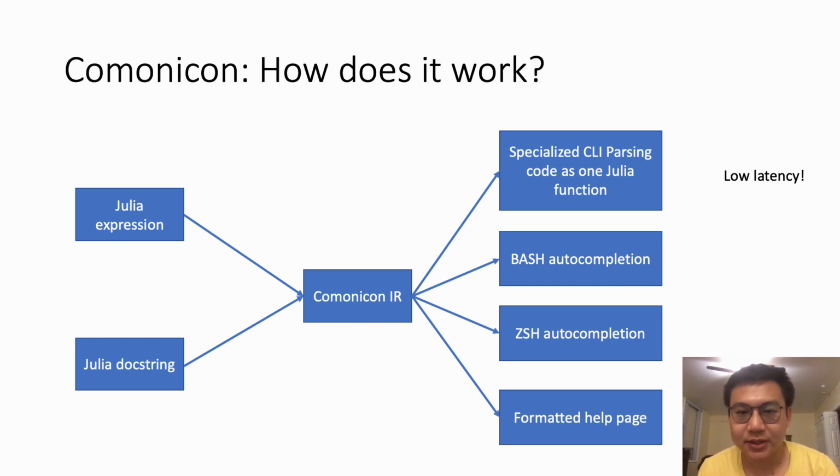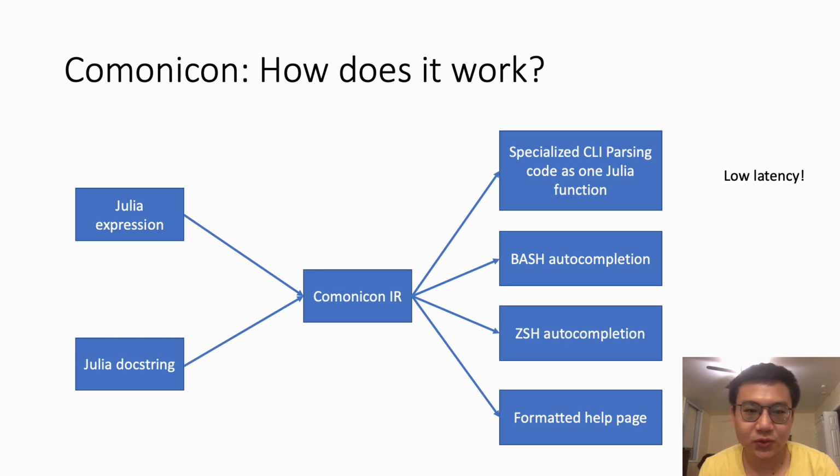This gives us enough information to generate specialized CLI parsing code that has very low latency, where you can even get rid of the dependency on Comonicon itself. Or we can generate bash or ZSH auto-completion from it. And finally, this also gives you a formatted help page.